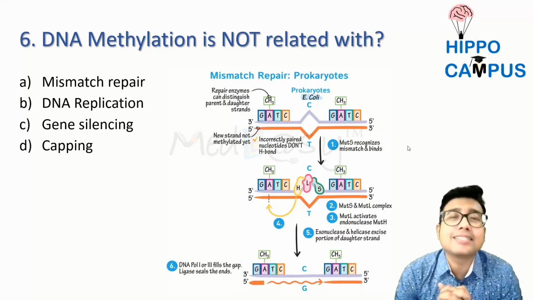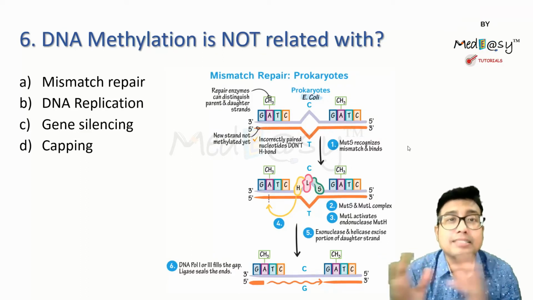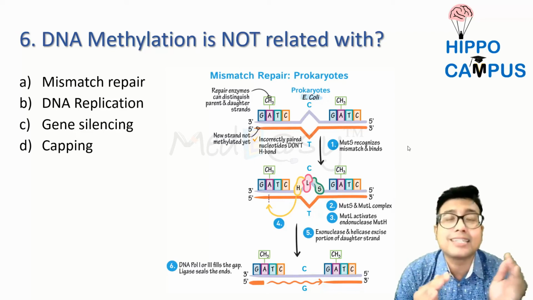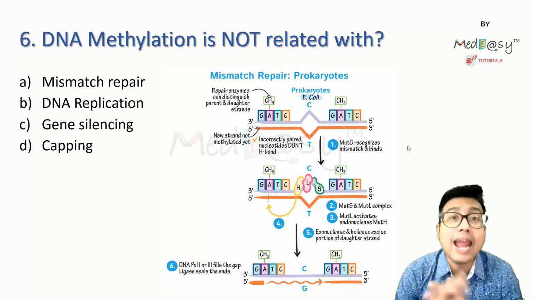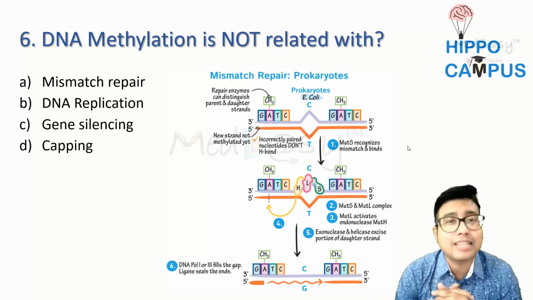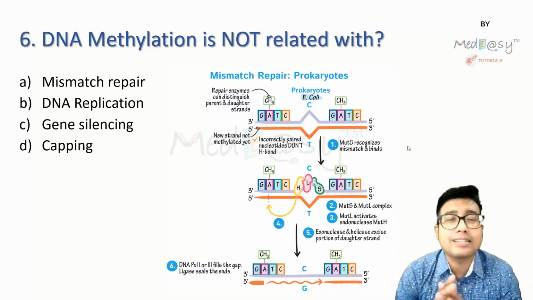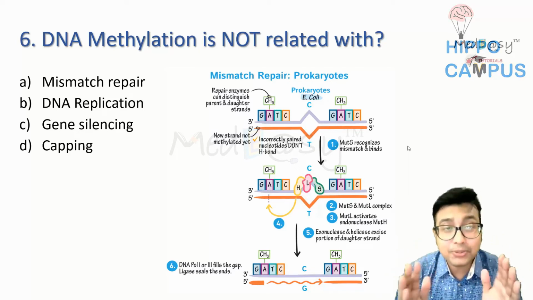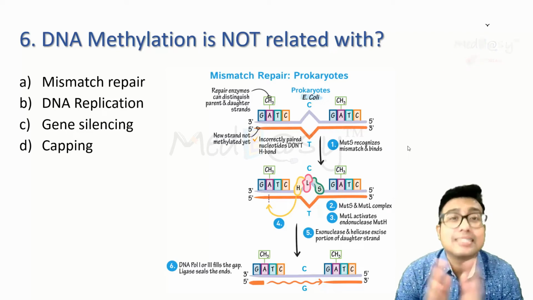And again, in case of DNA replication, there is methylation which helps the replicase enzyme identify which is the mother strand and which is the daughter strand. And in case of gene silencing too, the de novo DNA methylation takes place and they perform the same mechanism. The intention is the same, so that those DNA residues that are methylated are silenced.